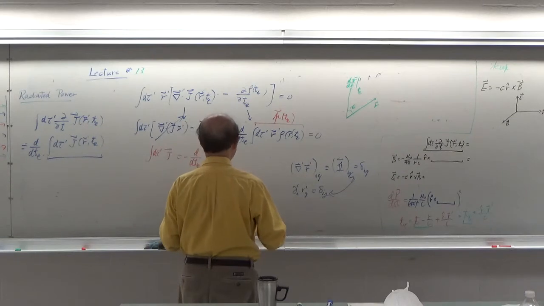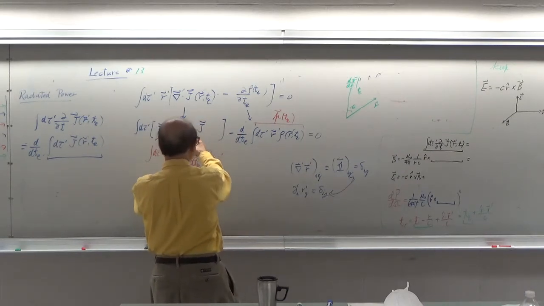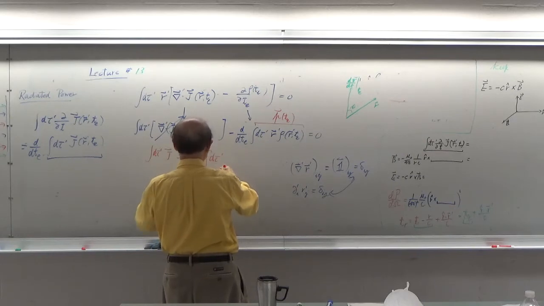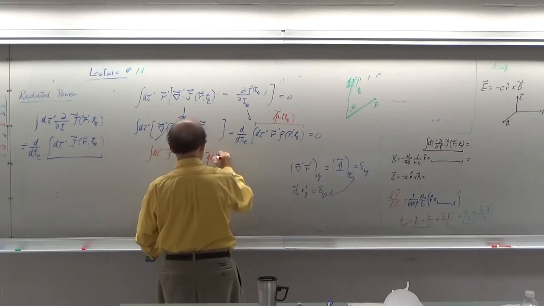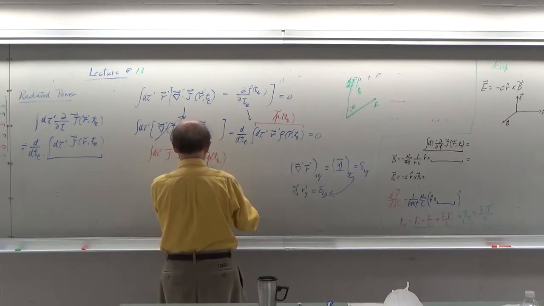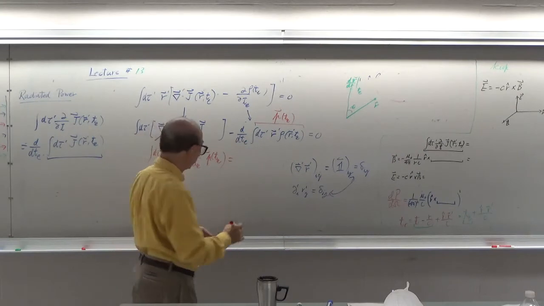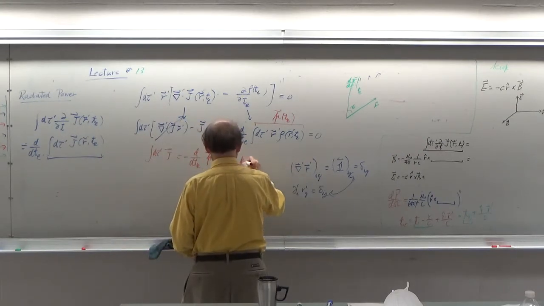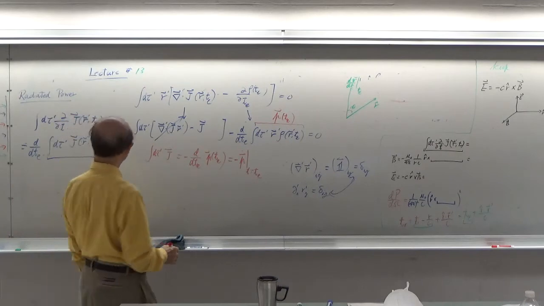So this is P at time t, and I would write d by dt denoted by a dot. So minus P dot evaluated at emission time. It's understood.